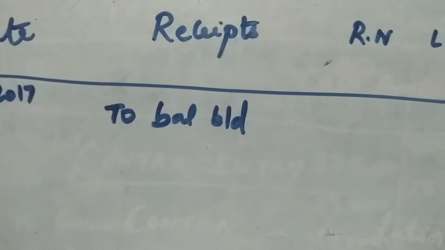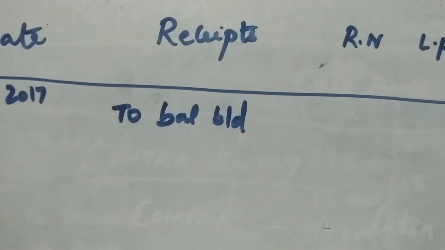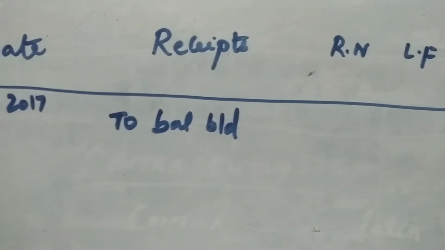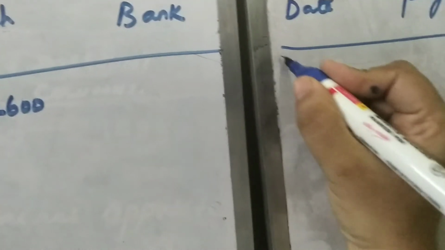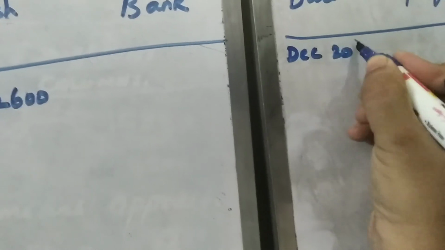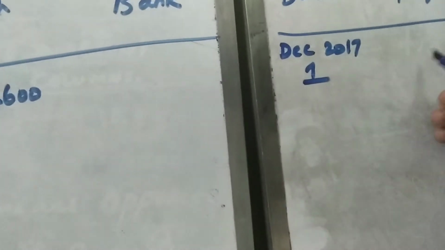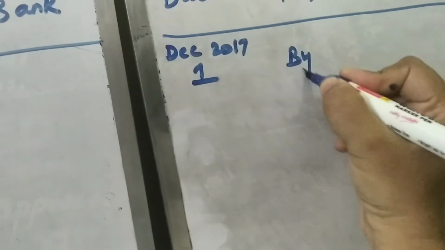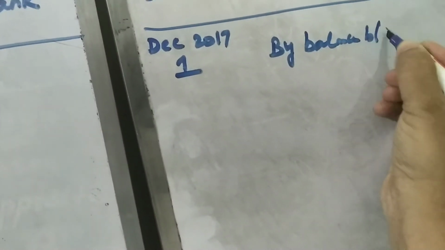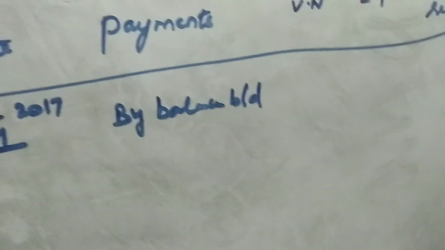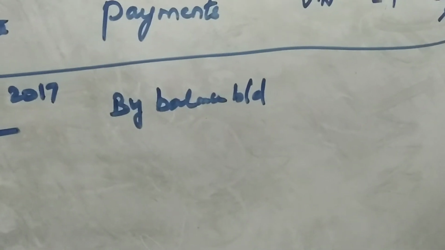The very same day you have the bank overdraft brought forward. As I told you, it is a negative balance. It has to be shown on the credit side. The same date, 1st of December 2017, you will write "by balance brought down". In the bank column, you will be writing 36,000.